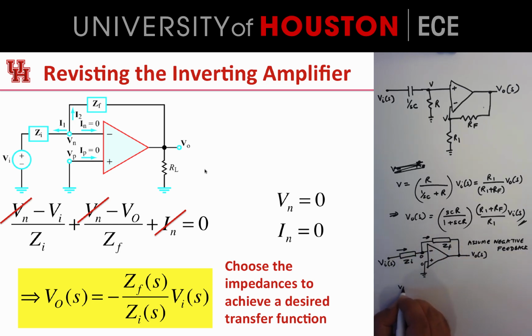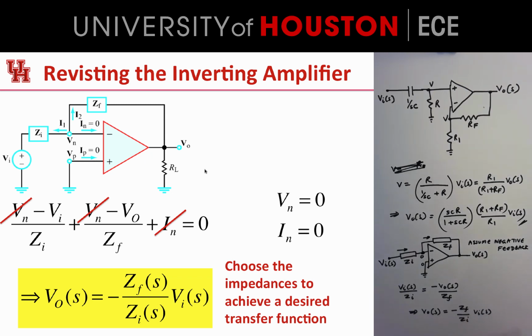So VI of S divided by ZI equals 0 minus V0, which is minus V0 of S divided by ZF, which means the output voltage equals minus ZF by ZI times the input voltage. Again, this whole thing is in the Laplace domain.